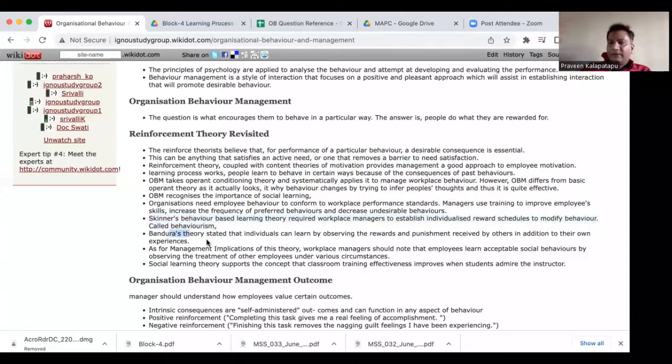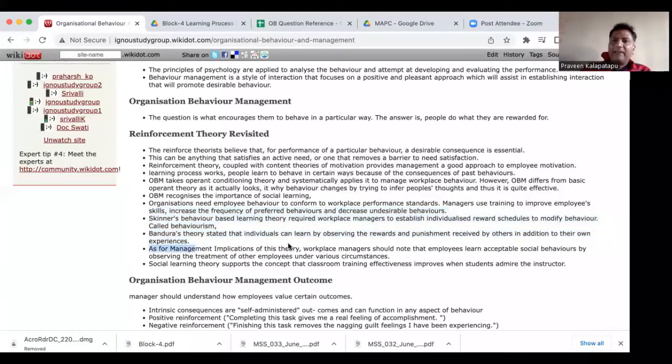Bandura is one more person who talked about how people learn from what others are getting as rewards, not just from whatever you are getting as a reward. They even observe what others are getting, right? So that is Bandura's theory. This is also something we read in the last chapter.